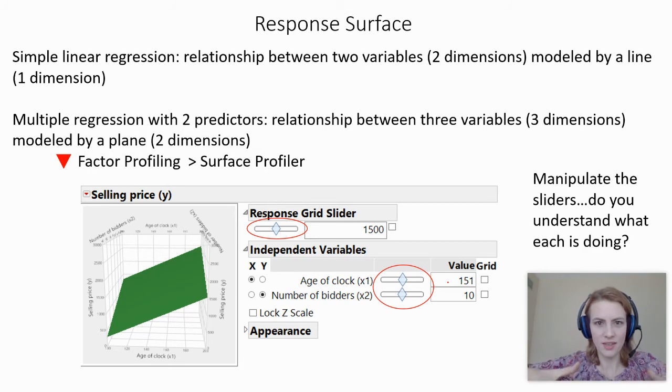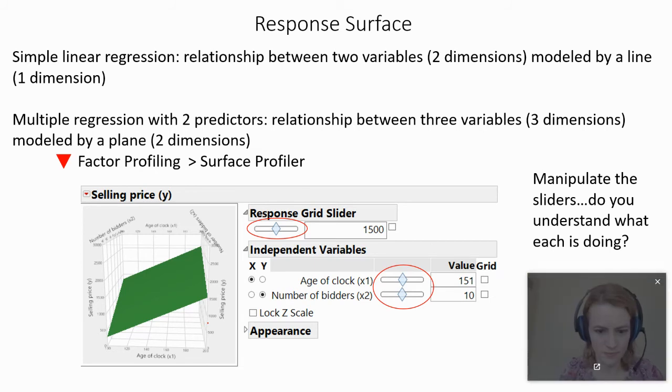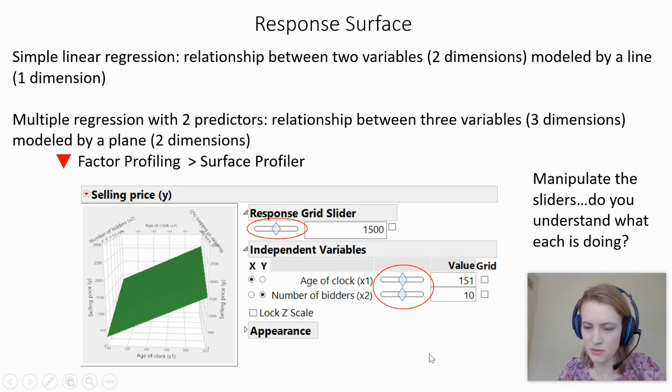So think of just a square piece of cardboard. So that would be our model instead of just a line. A neat feature in JMP is that we can plot this plane and actually grab it and move it around and have a better look at it. That's the tool called the response surface. Let me escape into my JMP here.